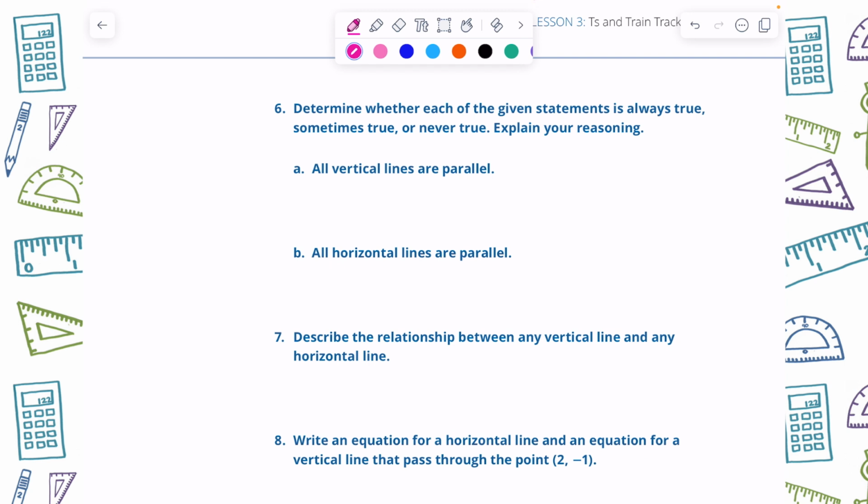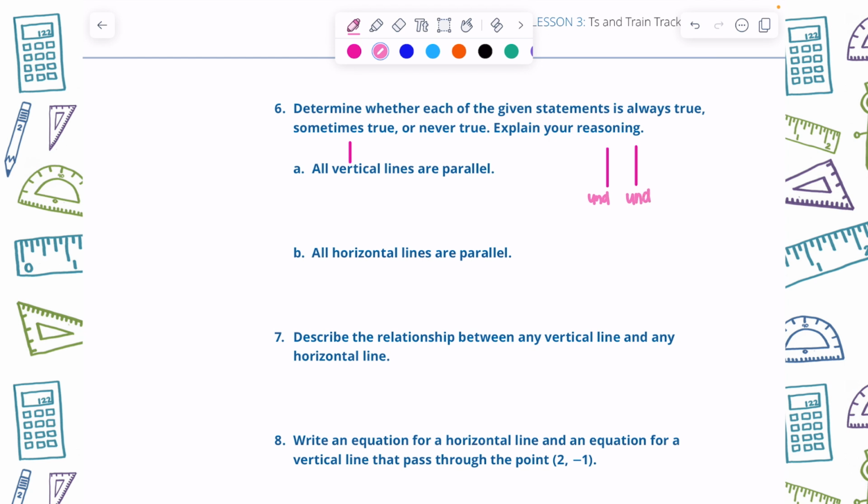So let's think about this. Vertical lines, remember those are the ones that are straight up and down. If we think about two vertical lines, those would both have a slope of undefined, right? Isn't that what we just came up with?